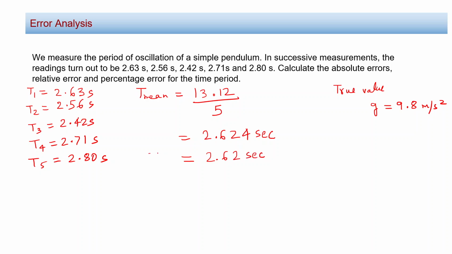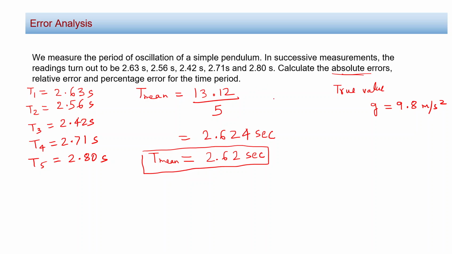So this average of time period that we have taken is our true value. Now if we have to calculate absolute error for this, we'll do that using this 2.62 second value, considering it to be the true value.